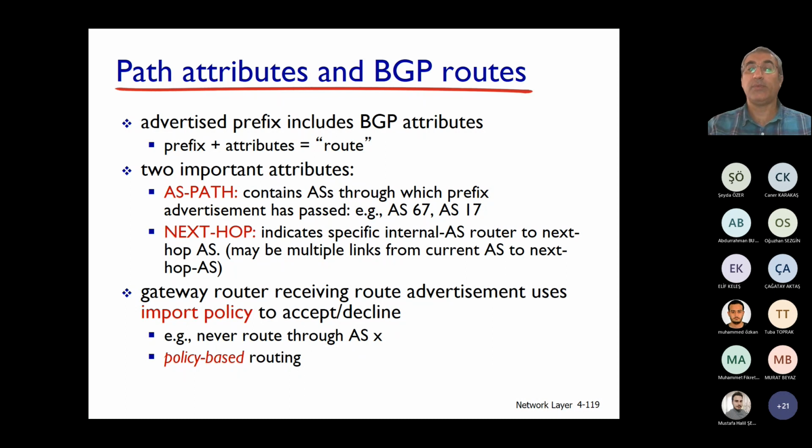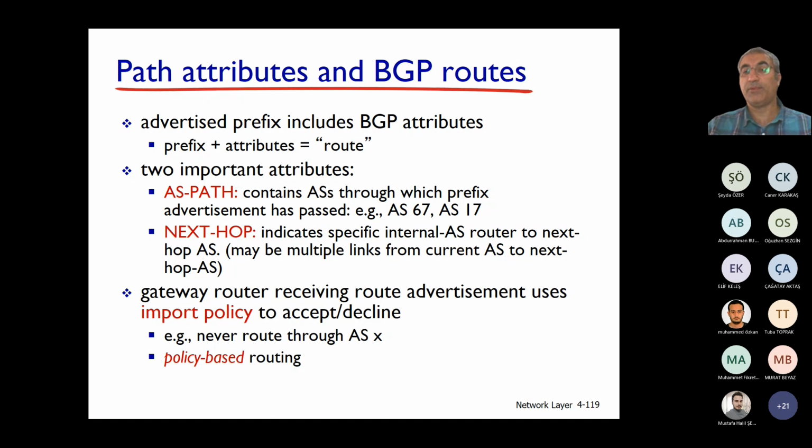The AS path contains the ASes through which the prefix advertisement has passed, for instance AS67, AS17. Next hop indicates the specific internal AS router to the next hop AS.